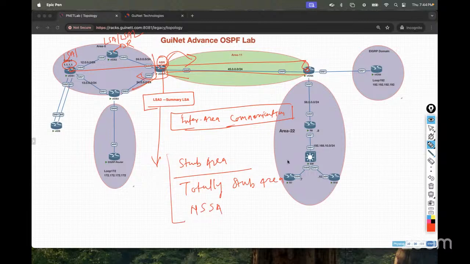If you have these special areas in the OSPF domain, this LSA is not going to propagate inside of these areas. It is only going to propagate in normal areas, not something special like stub, totally stubby, and NSSA. You have to take that into consideration. This LSA3 is going to travel from one area to another, but that area must not be stub, totally stubby, or NSSA. Clear, guys?